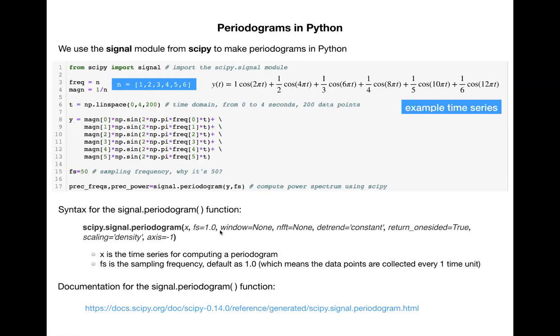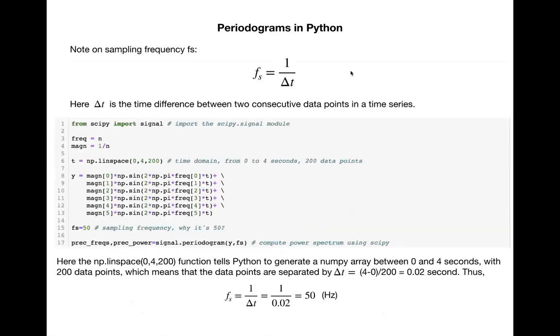You can have other options for generating these time series, and you can find more descriptions of the periodogram function in the SciPy documentation page here. So let's take a look at an example of how we do that. Just a reminder, how do we know delta t? You know the time cadence of the sampling signal, and 1 divided by the time cadence is the sampling frequency.